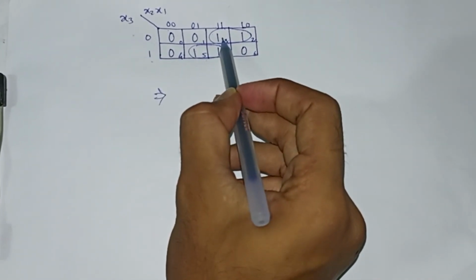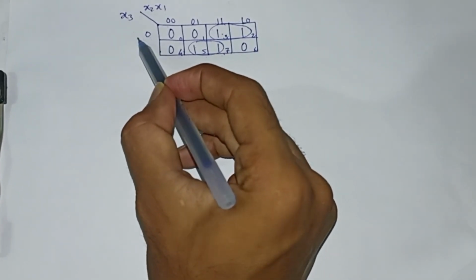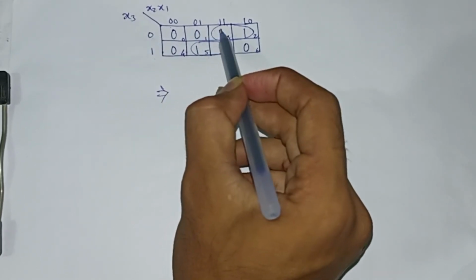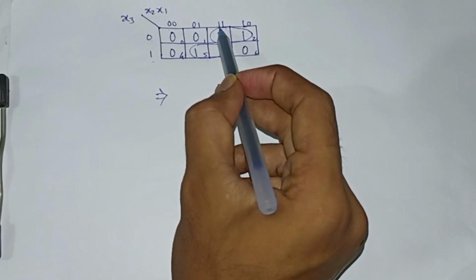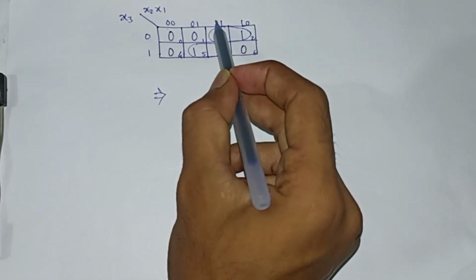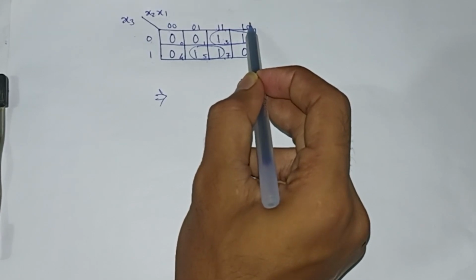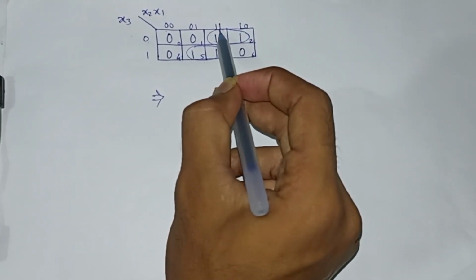So in this pair what is common? This is x3, this 0 we can denote as x3 bar. Okay, so x3 bar is common for this pair, right? So x3 bar, and what is common here? This is x2, this is x1, this is x2, this is x1 bar. Okay, so from these two what is common?